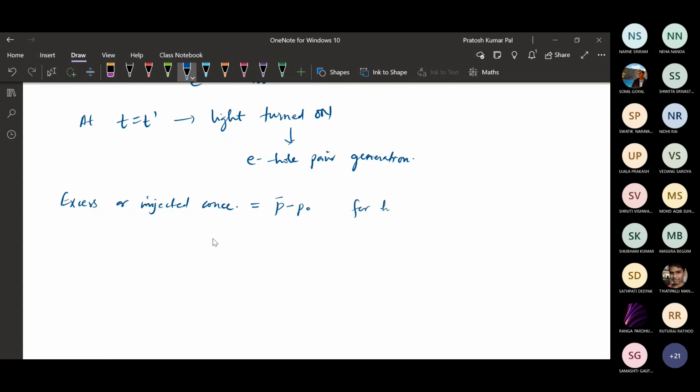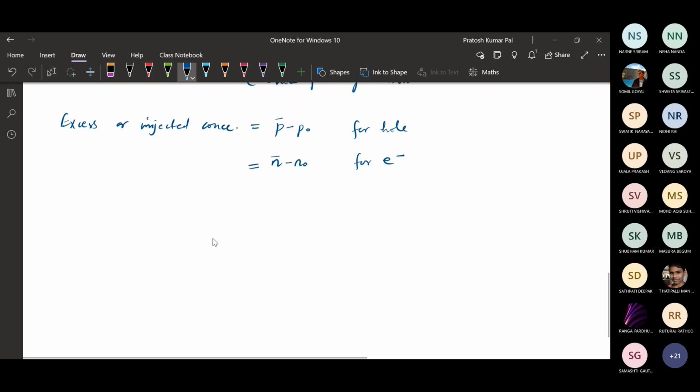This is for holes, and similarly for electrons it will be n dash minus n naught. Whatever concentration of electrons or holes have been generated, an equal amount of generation takes place. So whatever amount of electrons have been generated, the same amount of holes will be generated.